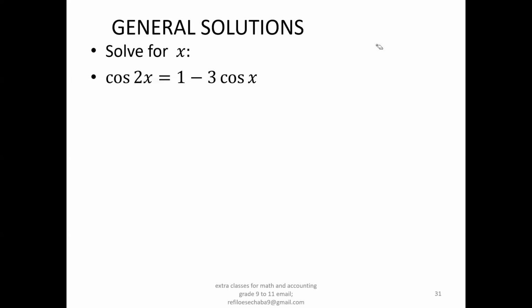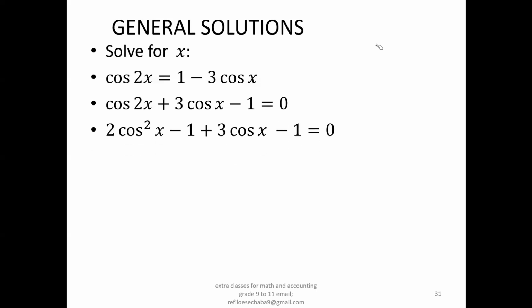I took the 1 minus 3 cos x to the other side, and then I changed the cos 2x to 2 cos to the power of 2, x minus 1, and then minus 1 plus 3 cos x.